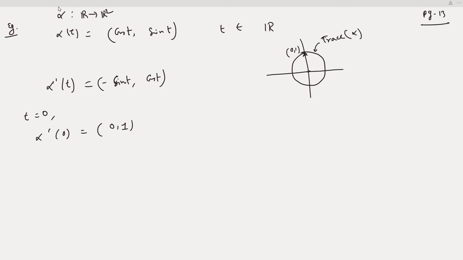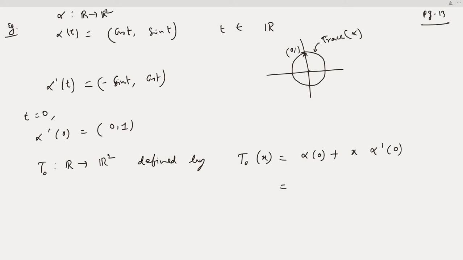And note that this is the straight line defined by T0 from R to R2, defined by, let us use parameter x, T0 of x equal to alpha of 0 plus x times alpha prime of 0.